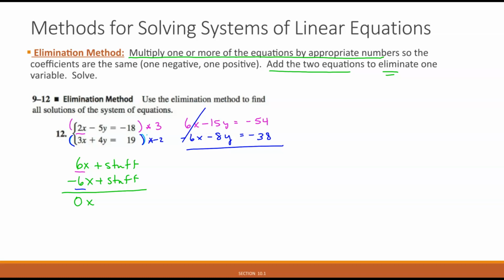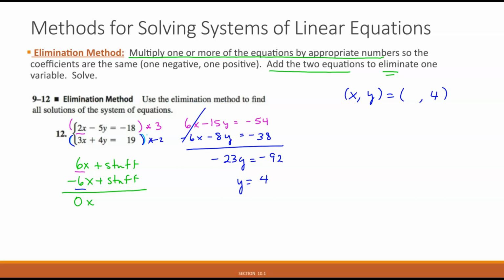Negative 15 minus 8 is a negative 23. Negative 54 minus 38 is a negative 92. And if I take negative 92 and divide by negative 23, we get y is 4. So our ordered pair, so far we know y is equal to 4.